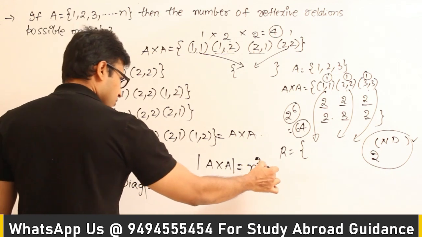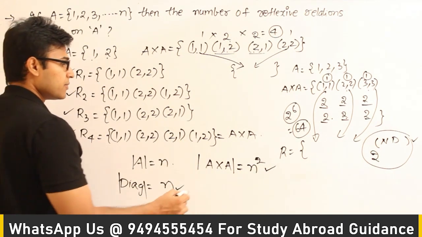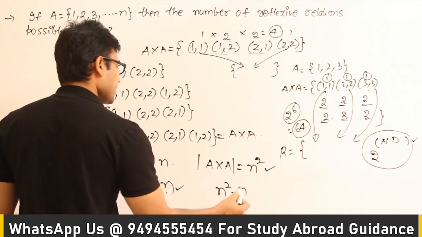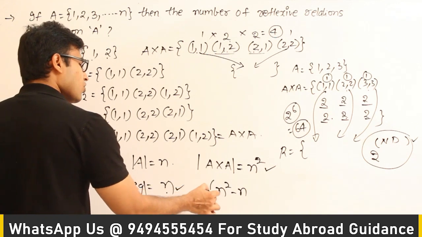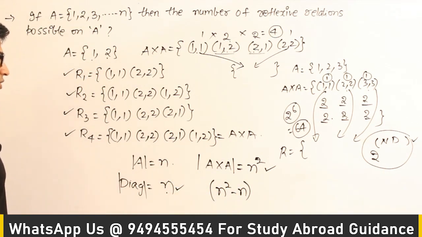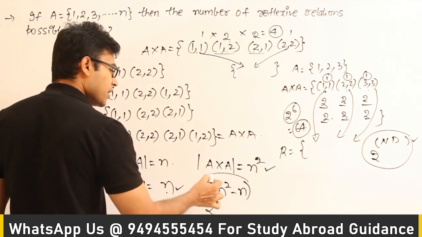If this is the total number of elements and this is the total number of diagonal elements, then how many elements will be remaining? The number of non-diagonal elements is going to be n square minus n, right? Therefore the total number of relations which will be reflexive is going to be 2 power n square minus n. Why?